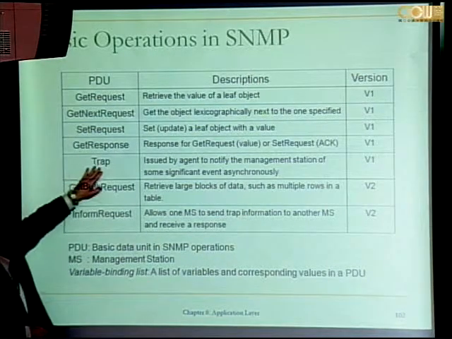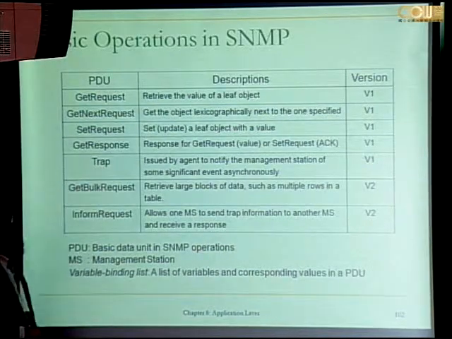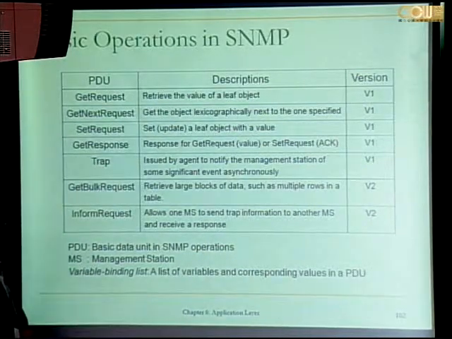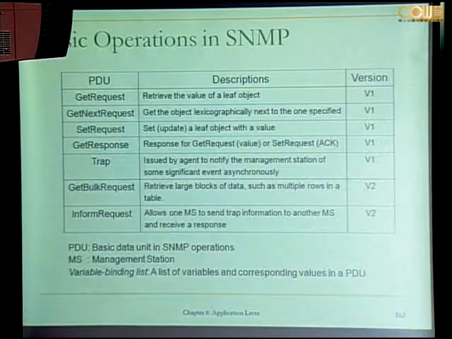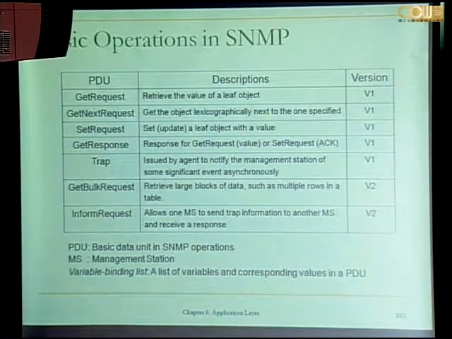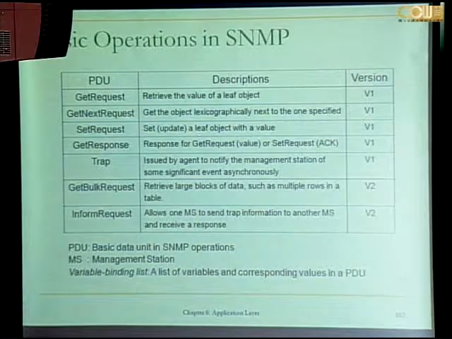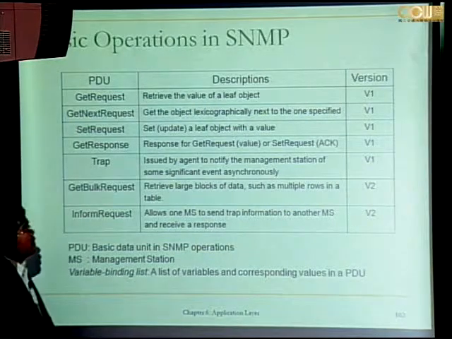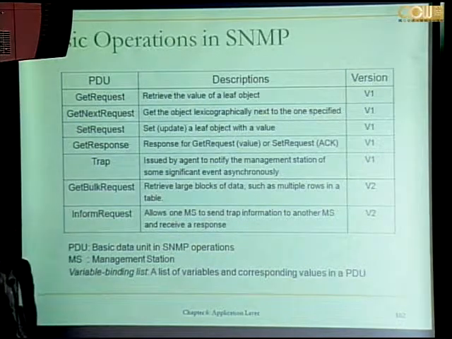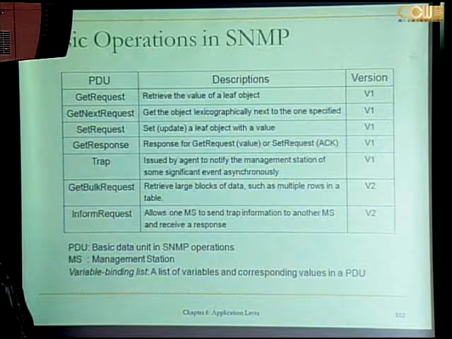Okay. And then there's an SNMP command called trap. The trap message is not issued from the manager to the managed device. It's from the managed device to the manager.